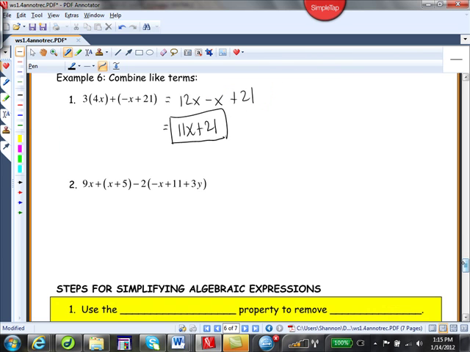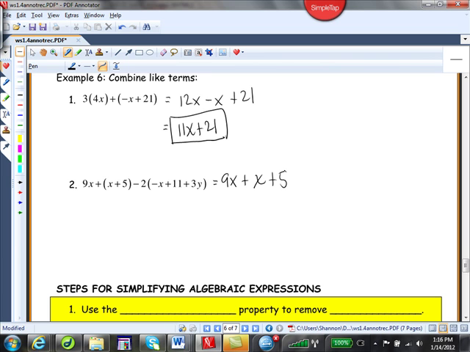You go ahead and pause the movie and try the next example. All right, let's see how we did. So this one will be 9x plus, I can just remove the parentheses from the x plus 5 because I'm just really multiplying them by a 1. So it's not meaningful other than to group them.